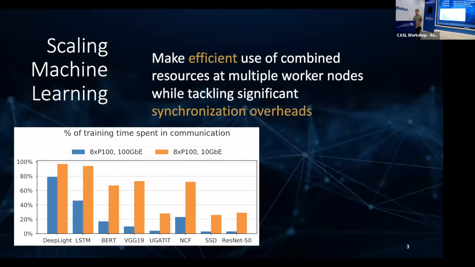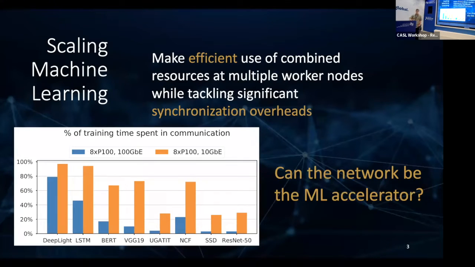Here are some measurements from our work, where as a percentage of the total iteration time, we show how much time is being spent on network communication in 2 different settings, at 10 gigabit or 100 gigabit per second, for various models. On the left-hand side, we're showing models that tend to be larger and also more recent, where you can clearly see that even going from 10 to 100 gigabit network may not really be sufficient to remove these overheads.